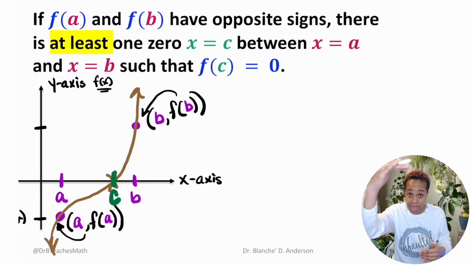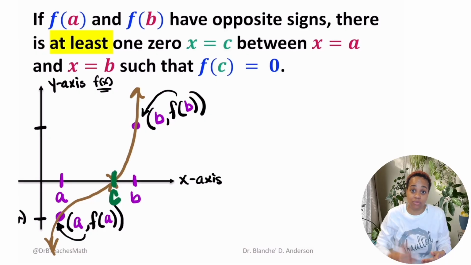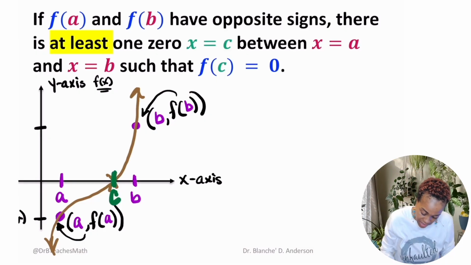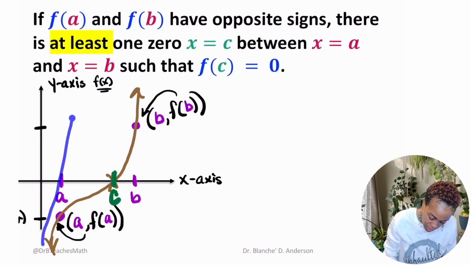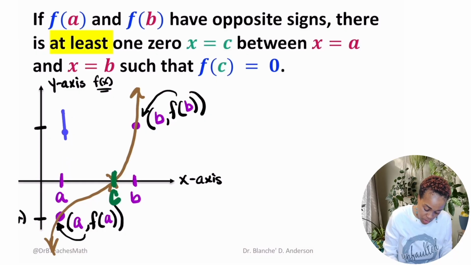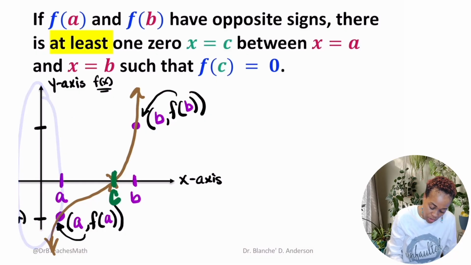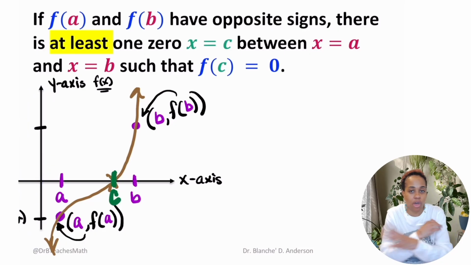You see what I'm saying? If you go up, you've crossed the x-axis. If you go down, you cross the x-axis. The only way these y values are going to change is if you cross the x-axis. That's all the intermediate value theorem is saying.